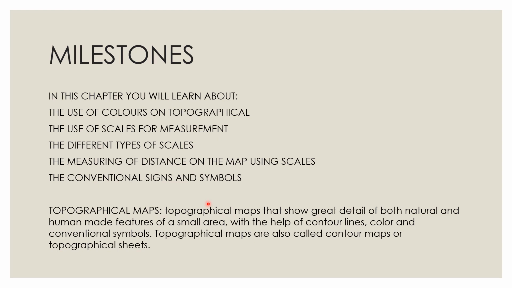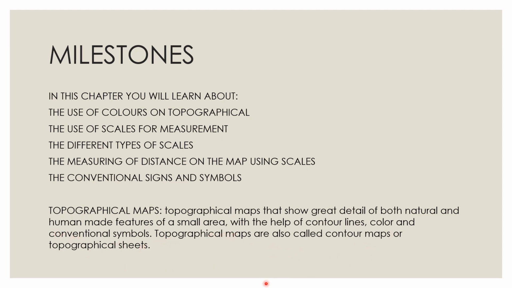So let's first understand what is a topographical map. Topographical maps are maps that show great details of both natural and human-made features of a small area with the help of contour lines, color and conventional symbols.